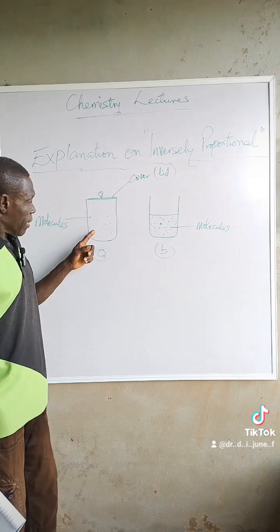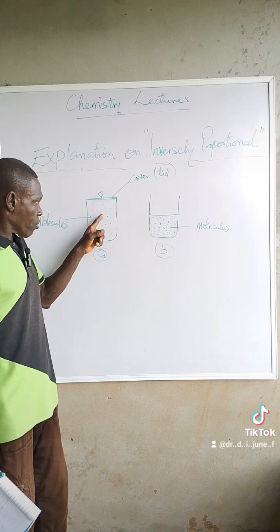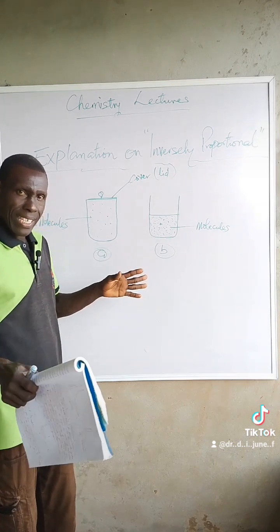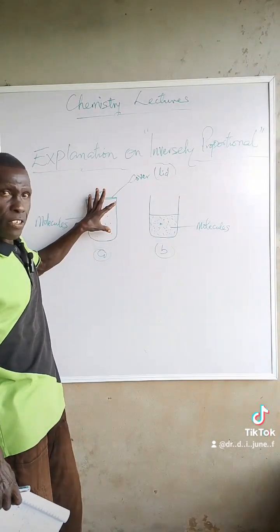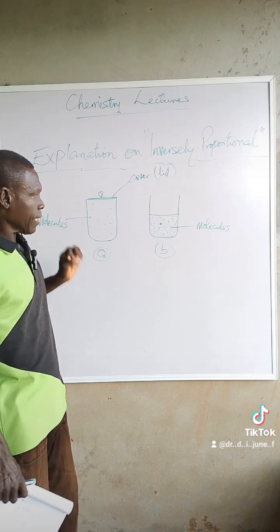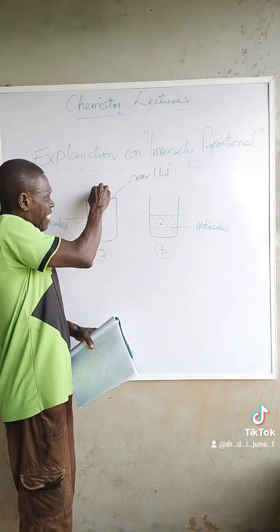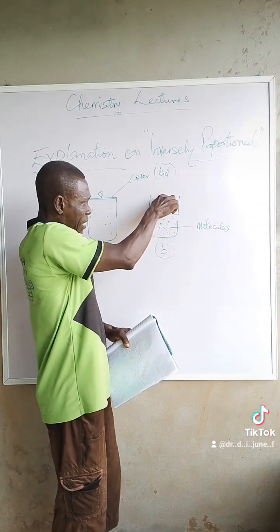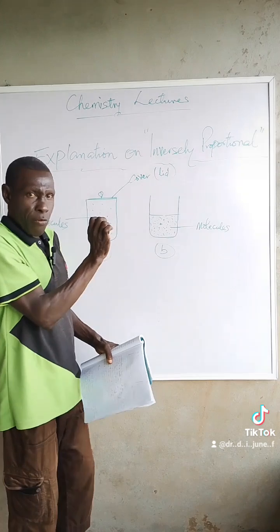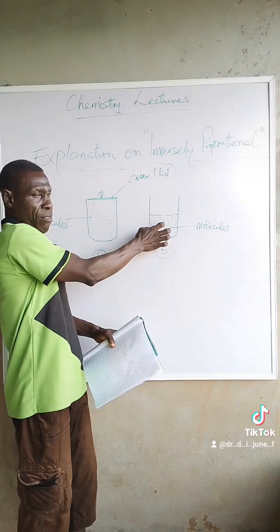Now, you can see that the spaces between the molecules here are far apart. And invariably, they are occupying the whole volume of the container. Now, if you press down this cover, from this level to this level, it means you have forced all the molecules that were occupying here to come down to this level.